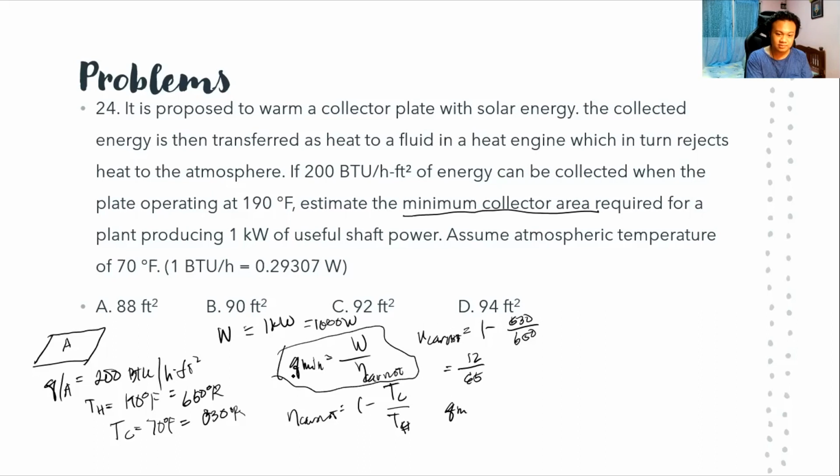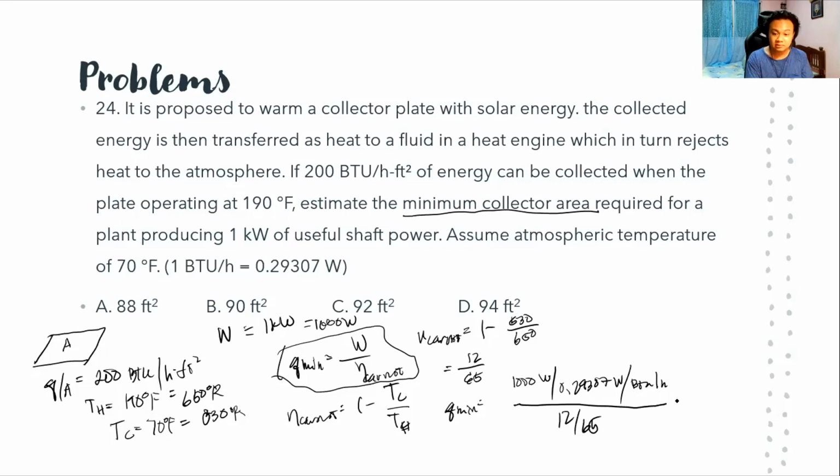let's use this equation. Q min is equal to 1,000 watts. And then to transform that to BTU per hour, you have to divide it by 29307 watt per BTU per hour. And then we have to divide that by the Carnot efficiency, which is 12 over 65.